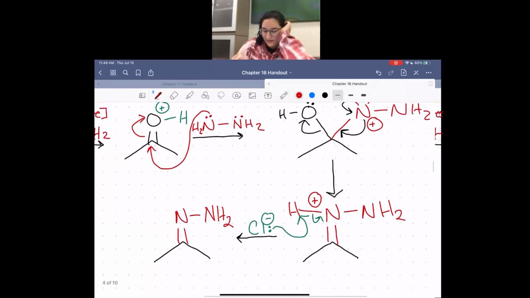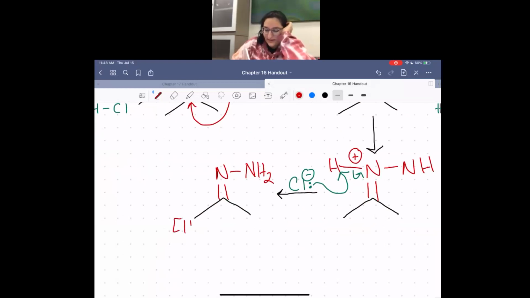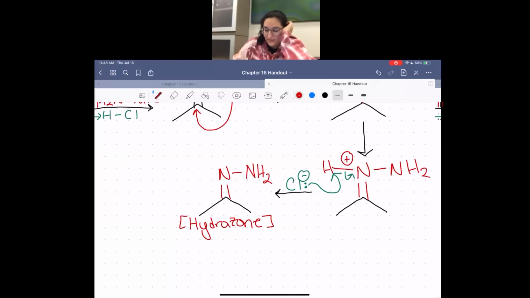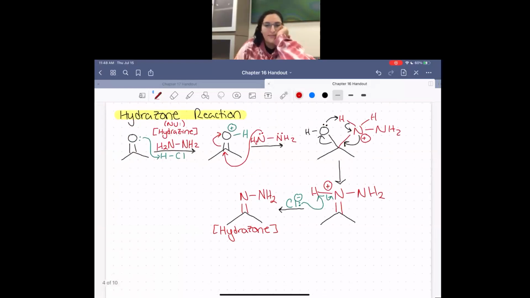And this fella is called the hydrazone. So the main idea is ketone or aldehyde plus hydrazine equals hydrazone.